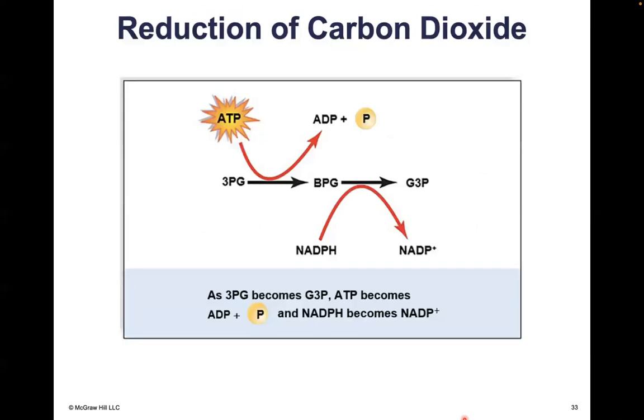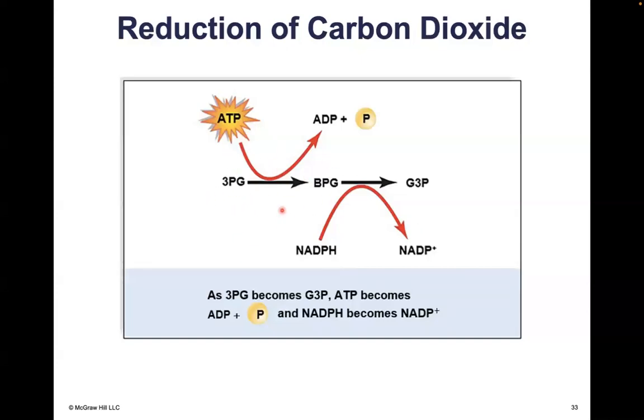This is how it happens. You see the 3PG, which is 3-phosphoglycerate, uses ATP to produce BPG, which is 1,3-bisphosphoglycerate. Then it uses the NADPH to produce glyceraldehyde 3-phosphate. Someone could ask you which of these reactions actually uses ATP.